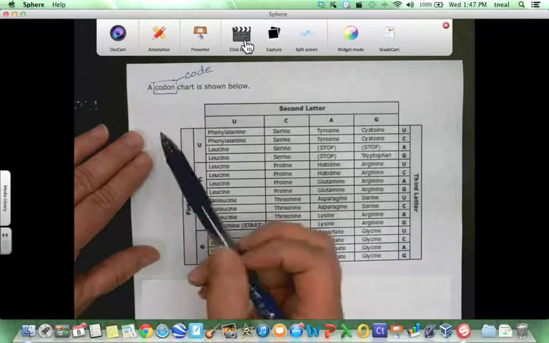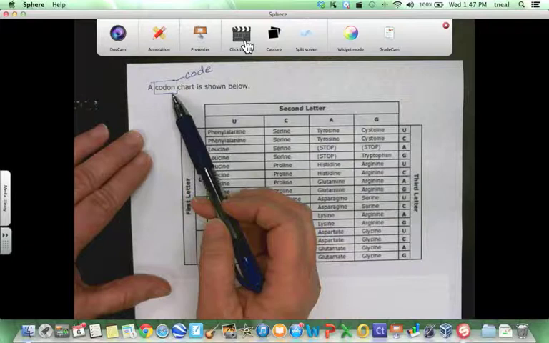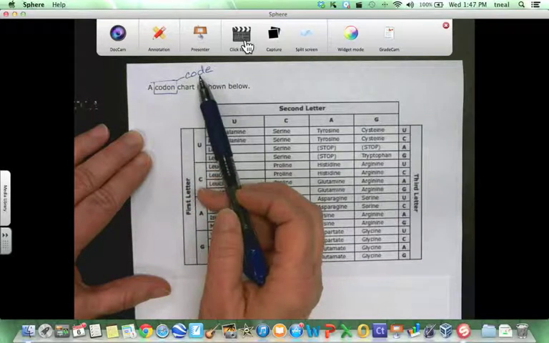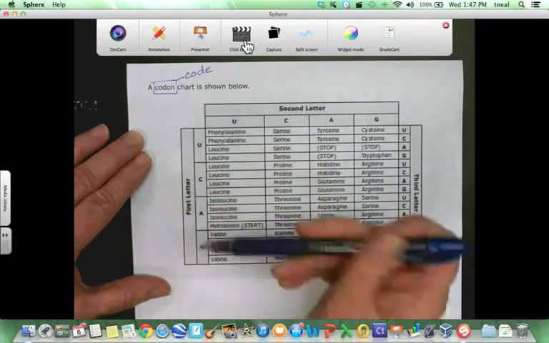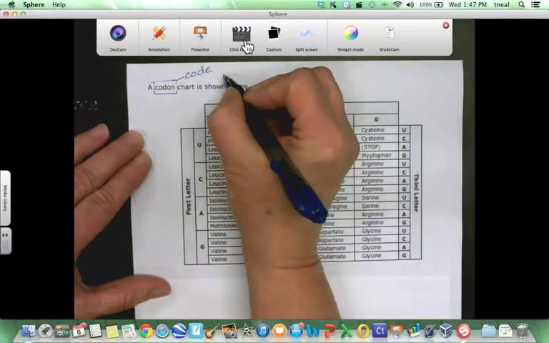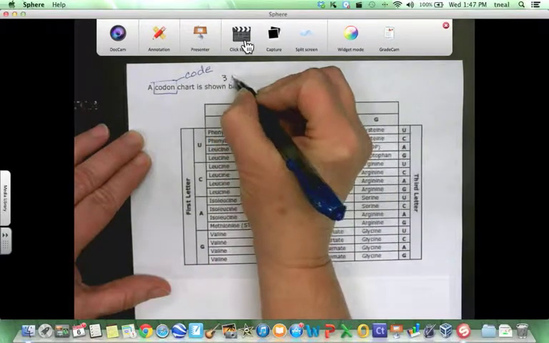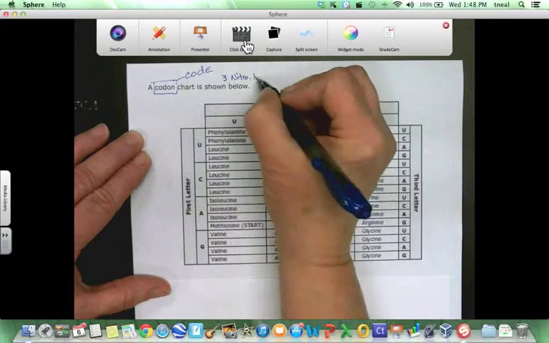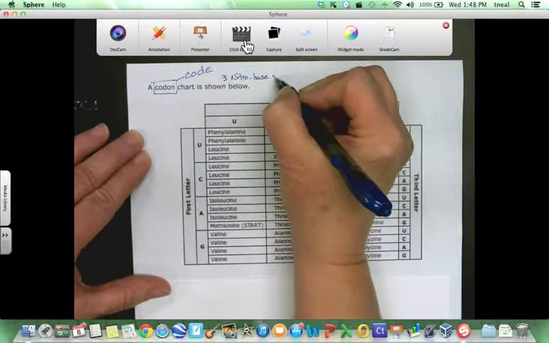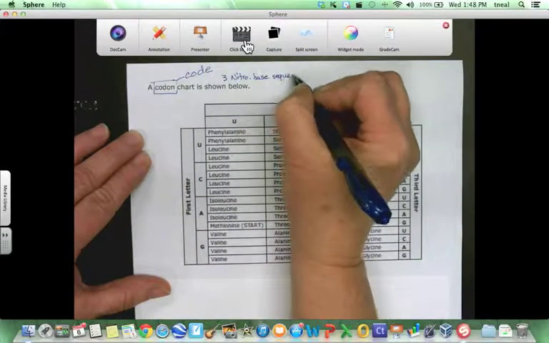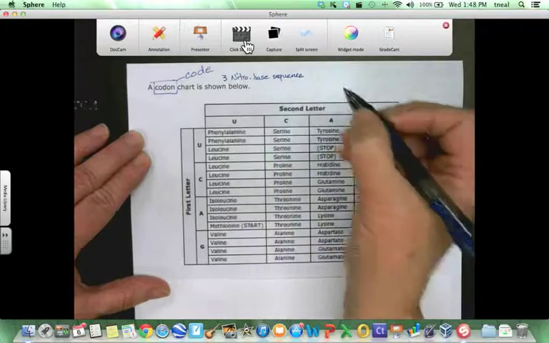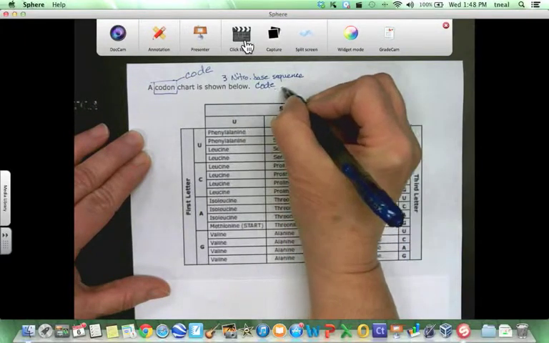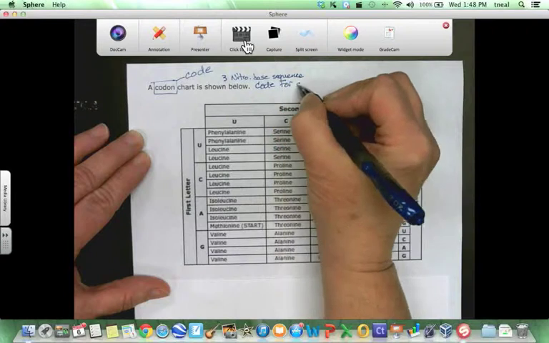And the word codon, that looks like a funky word, but to me, it reminds me of the word code, and a codon actually is the 3 nitrogen base sequence that is going to code for an amino acid.